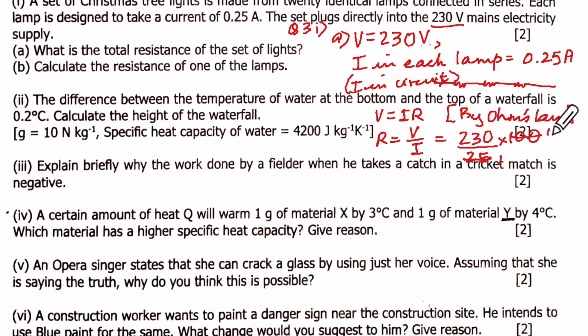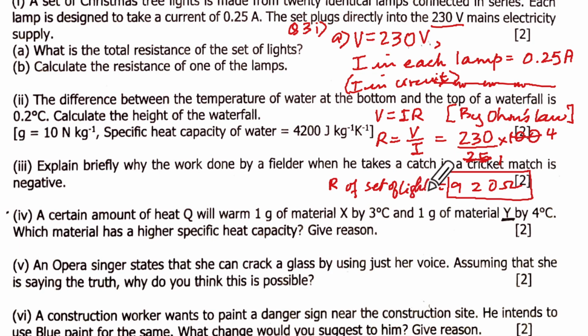Okay, so you have 4 here. How much is that? 4 3 is 12, 1 4 3 is 920. 920 ohms. And what you'll say, this is the resistance of set of lights. So this becomes your answer A.